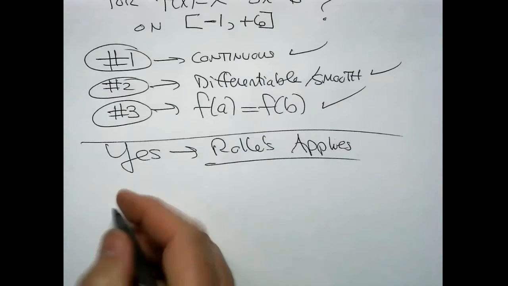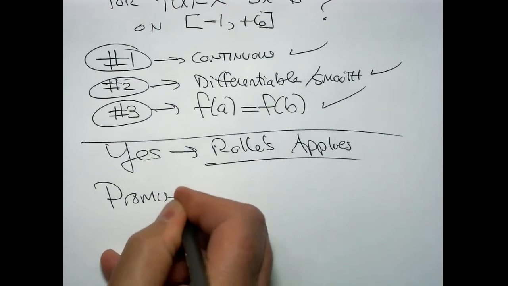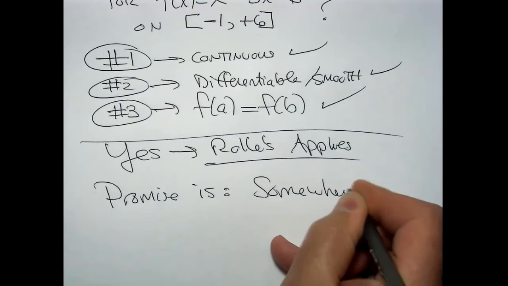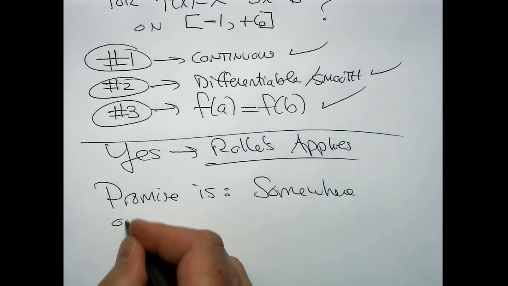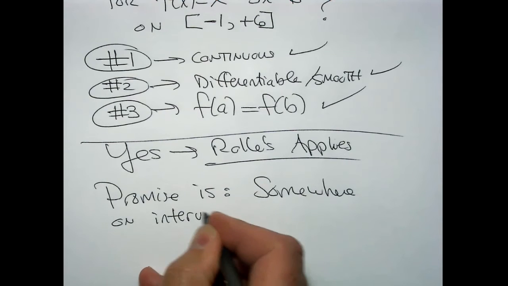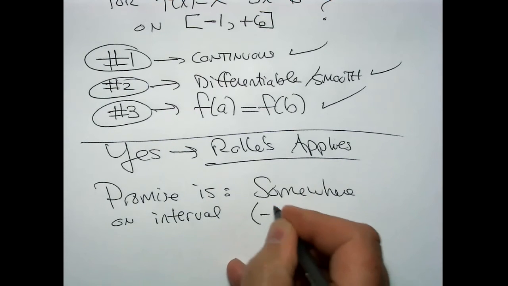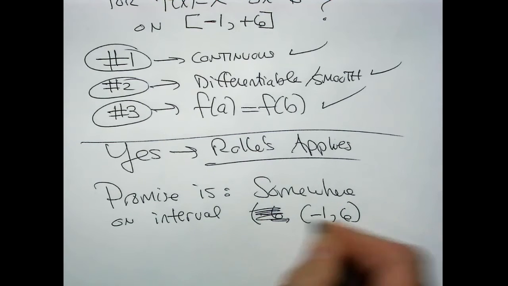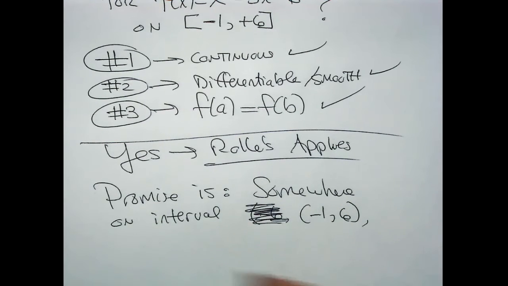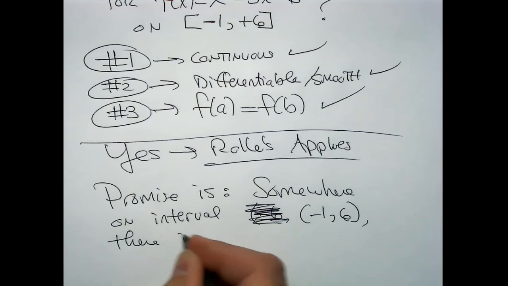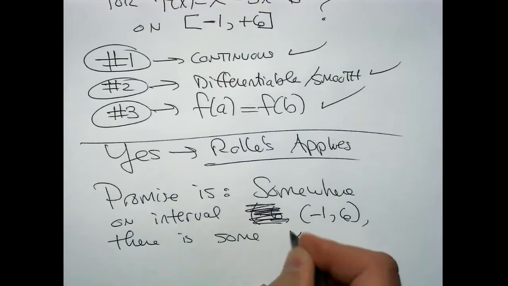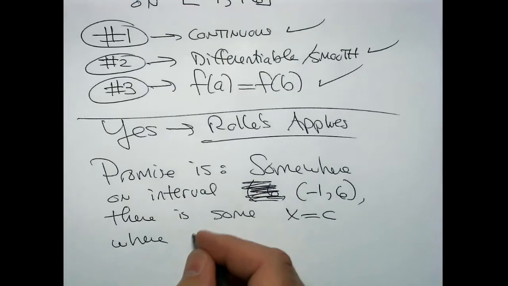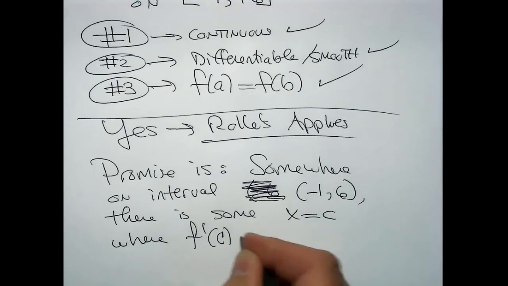Okay, what's the promise? Let's fulfill the promise, guys. The promise is somewhere on the interval, and we'll go from -1 to 6. Somewhere on the interval, there is some x value, at least one, where f prime is equal to 0.